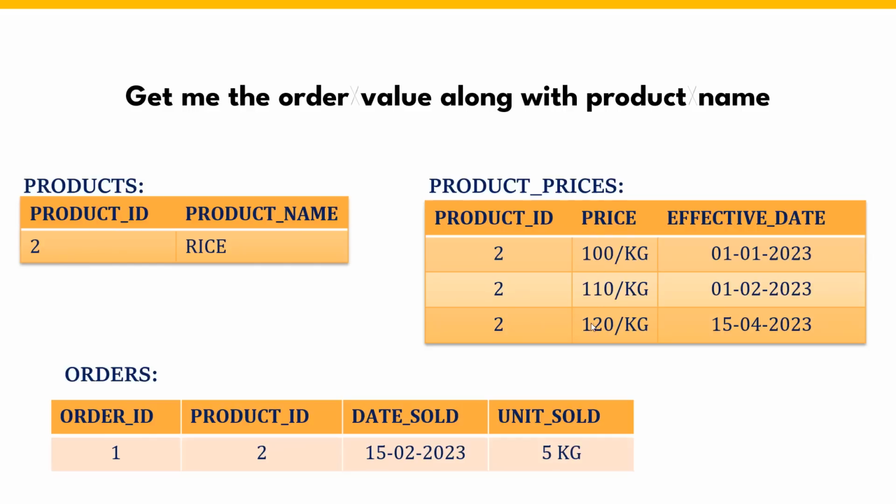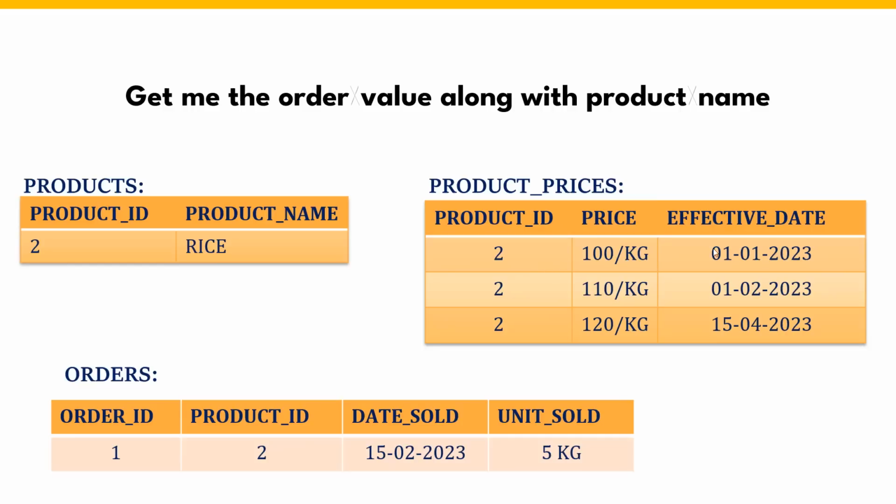In real time, generally on a particular day some price will be there, and on another particular day we have a different price.